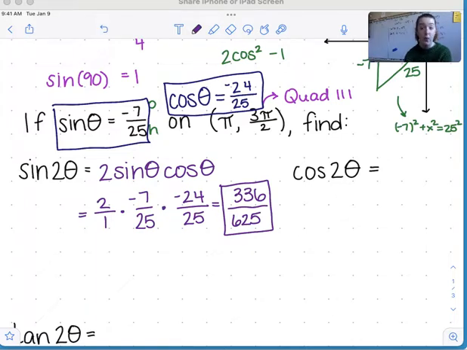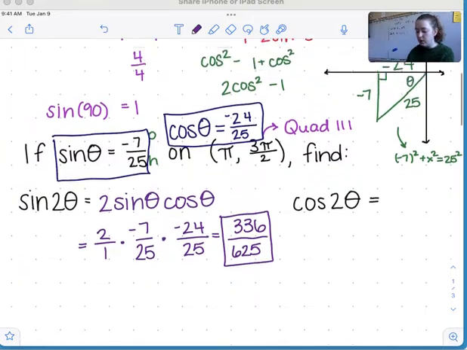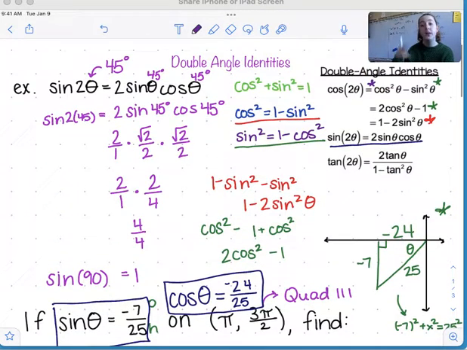Now we'll find cosine of 2 theta. So for cosine of 2 theta, we have 3 different options there. It doesn't really matter which one you use. If you tend to make silly mistakes, my advice is use the identity that they gave you the value of. So since they gave us sine, it might be smart to use 1 minus 2 sine squared.